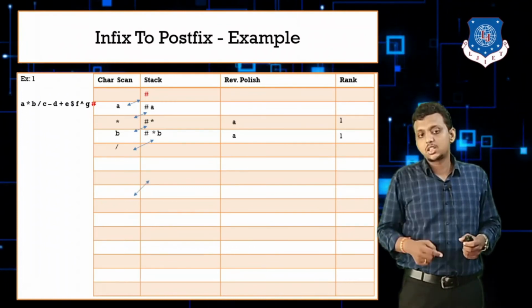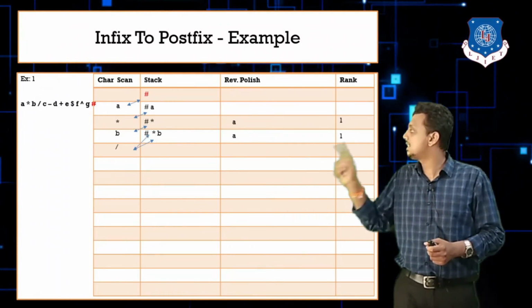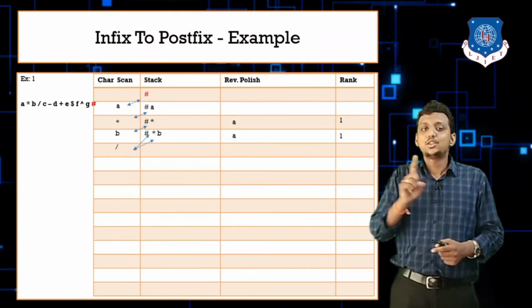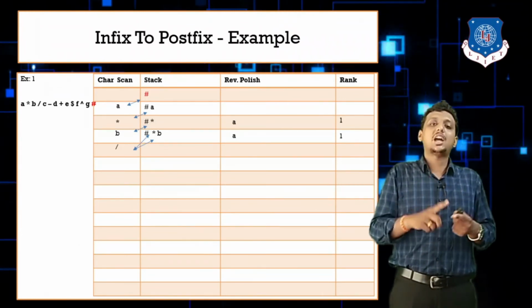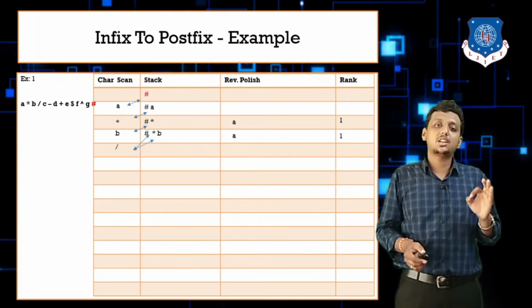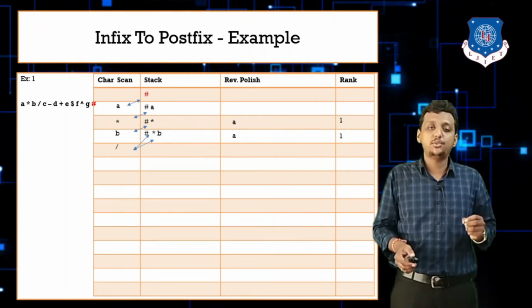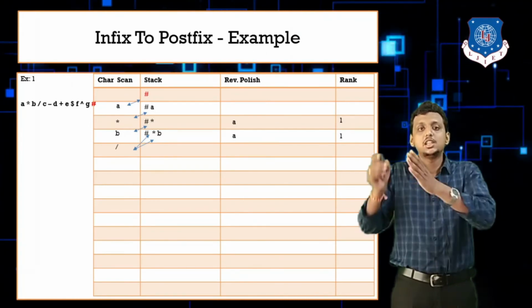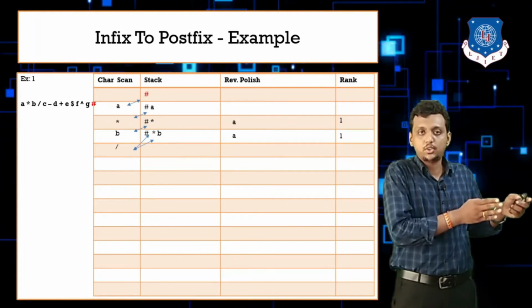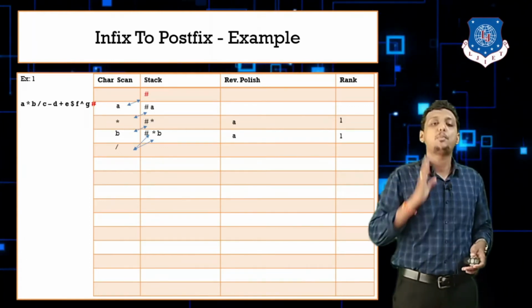Now after that, division is compared with star. Star and division both have the same precedence. So what is our condition to pop an element from the stack? The condition is, if f of next is less than or equal to f of s of top, then perform the pop operation.